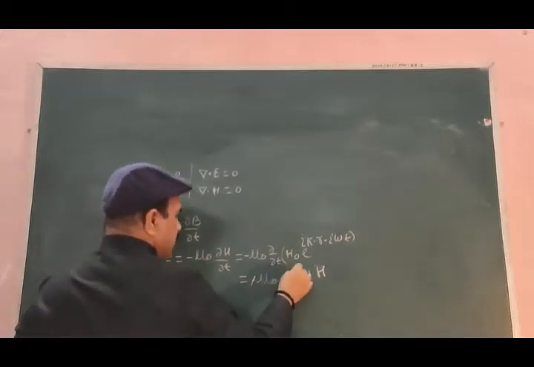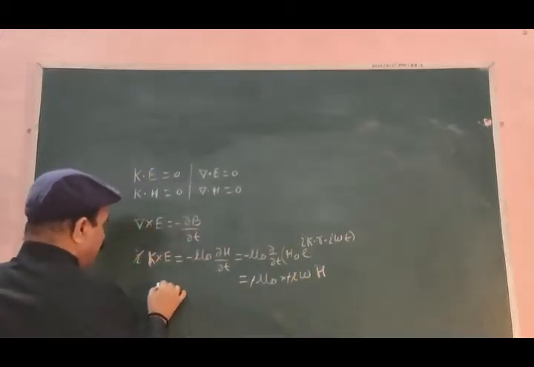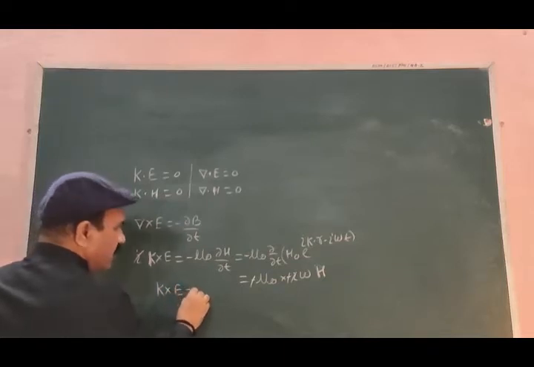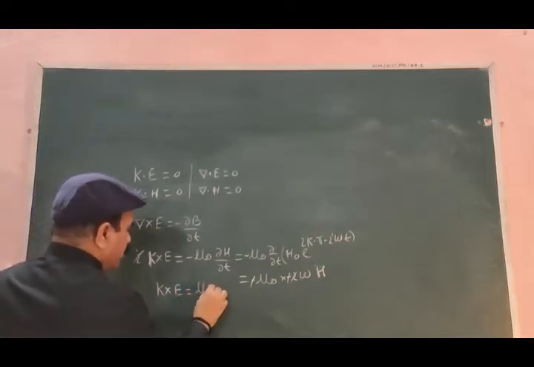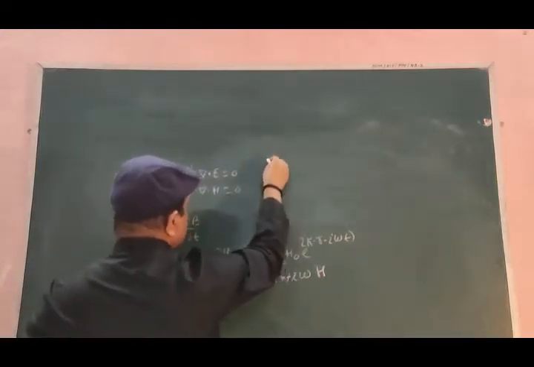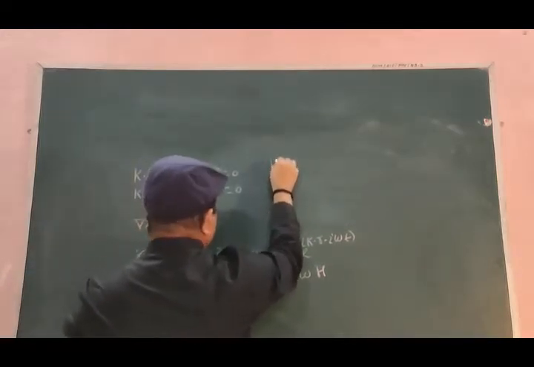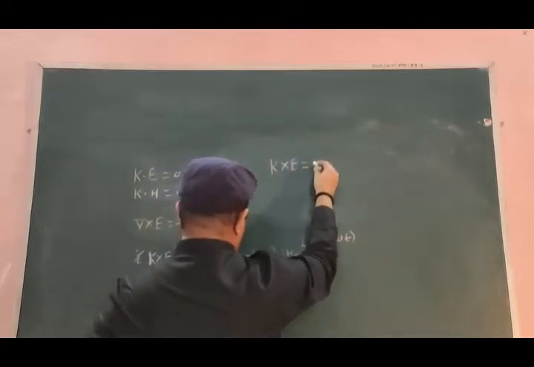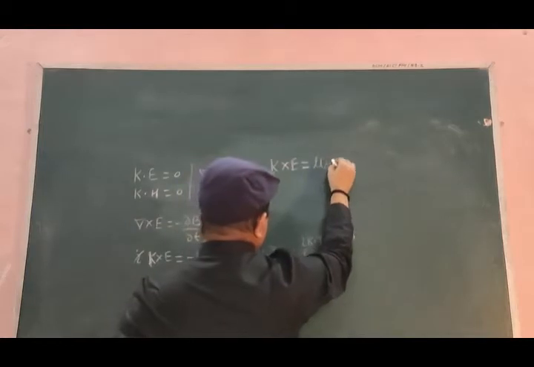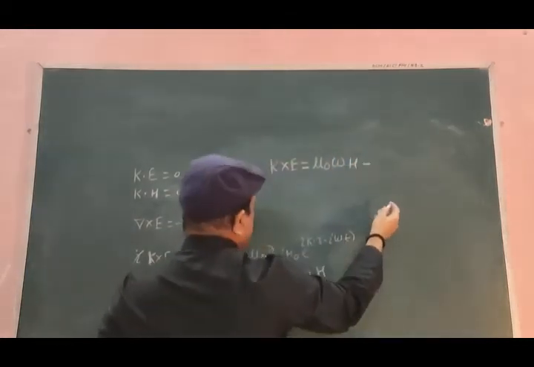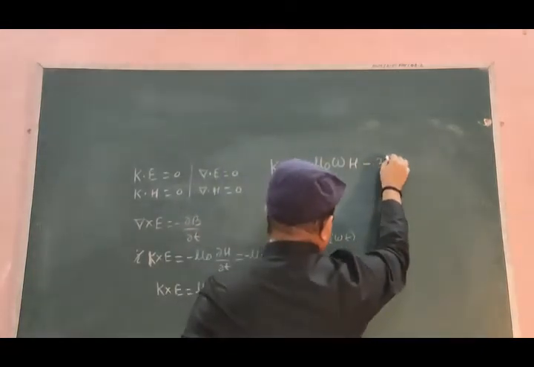This I gets cancelled, and what we have, K cross E is equal to mu 0 omega H. So let us write it here. K cross E is equal to mu 0 omega into H. I think it was equation number 32.